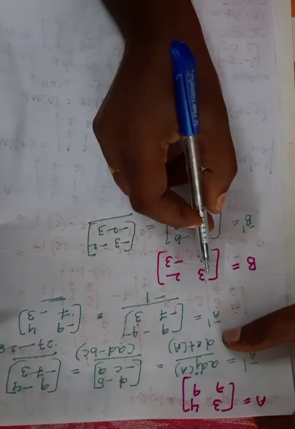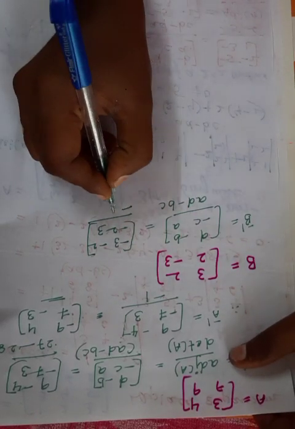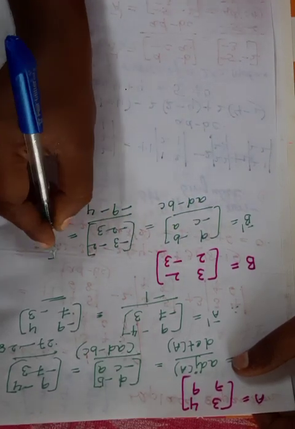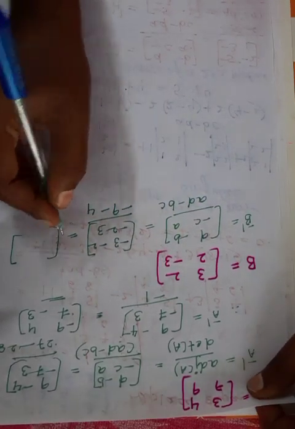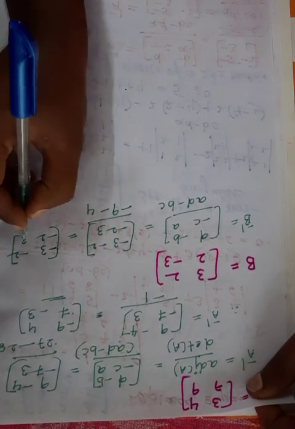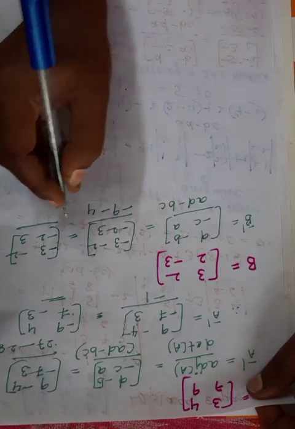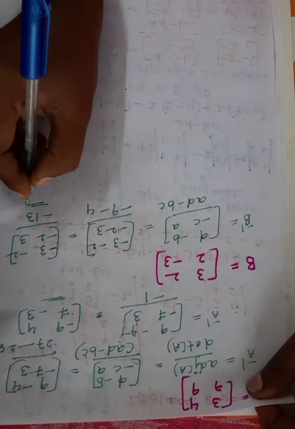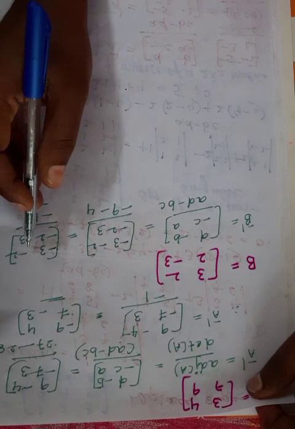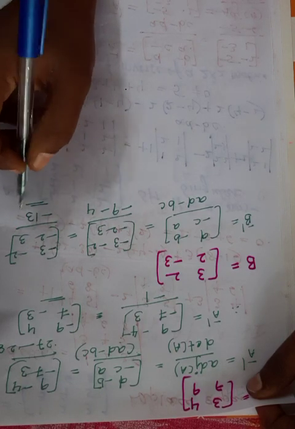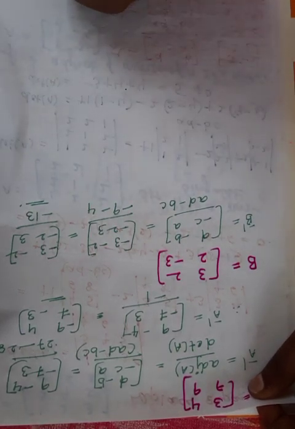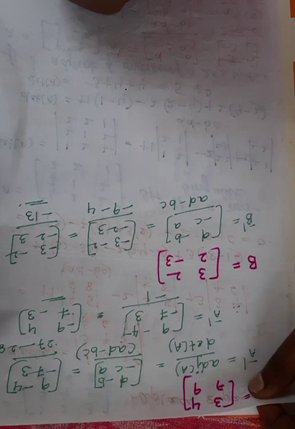A into D is 3 into minus 3, which is minus 9. 2 into 2 is 4. So like this you have to do the answer for the given question: minus 3 minus 2 minus 2 3 by minus 9 minus 4, which is minus 13. So this numerator value should be called adjoint of A. Denominator value should be called det of A. So by this we have completed 2 by 2 matrix adjoint and inverse calculation.